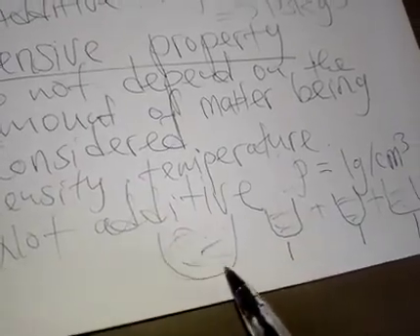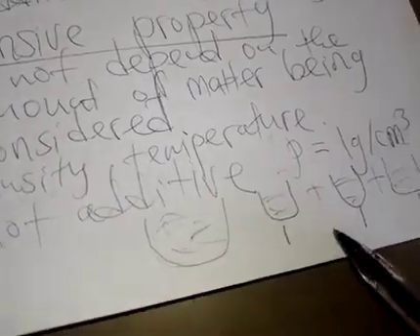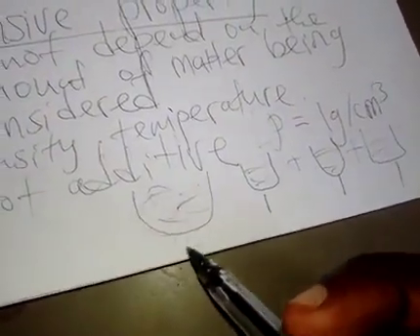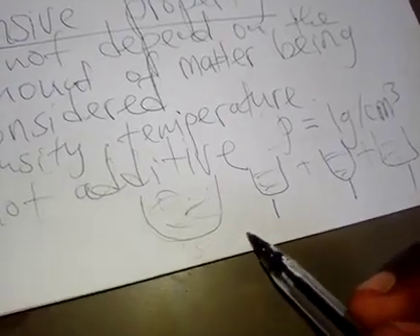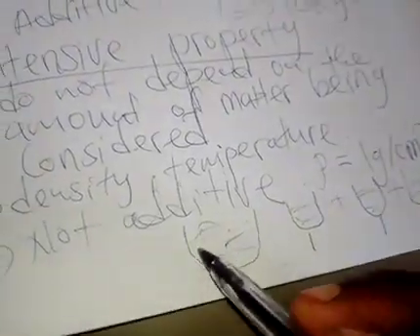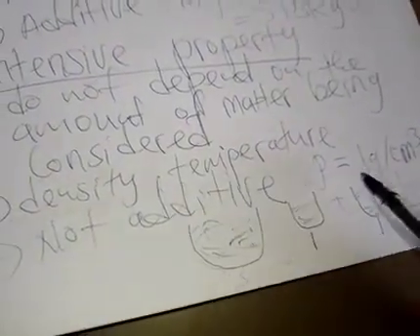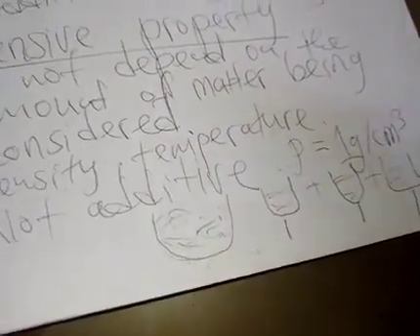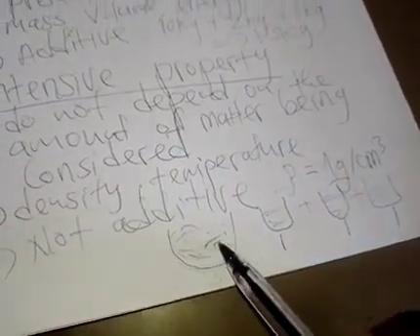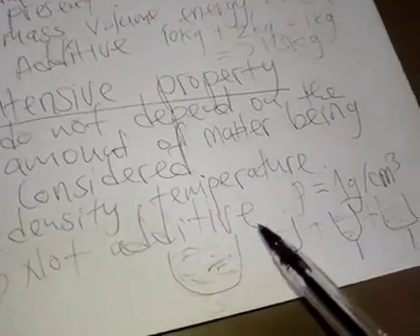Can we say that the density of water should be added as well, 1 plus 1 plus 1, in order to have 3 grams per cubic centimeter? No, of course. It shouldn't be like that. Since it's water, its density will remain the same, 1 gram per cubic centimeter. That's what we mean by saying the intensive properties are those which are not additive.